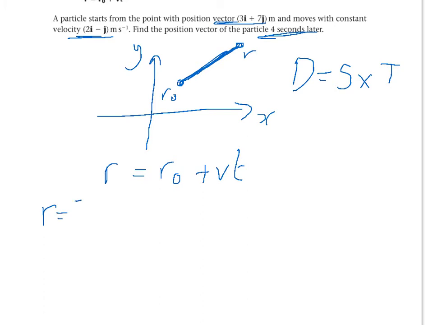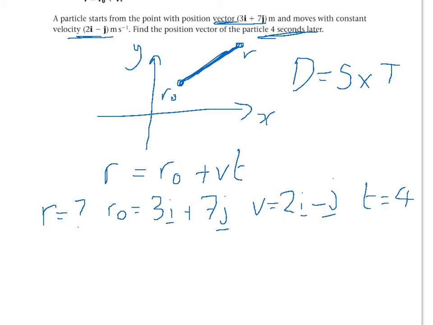Well, we don't know r, that's what we're trying to find. r0 is 3i plus 7j. v is equal to 2i minus j, and the time is 4 seconds. So we put in what we know into the equation. So r equals 3i plus 7j, add 2i minus j times 4.